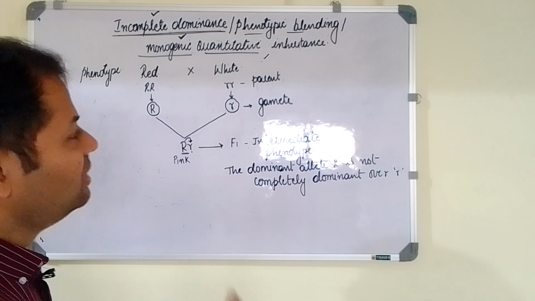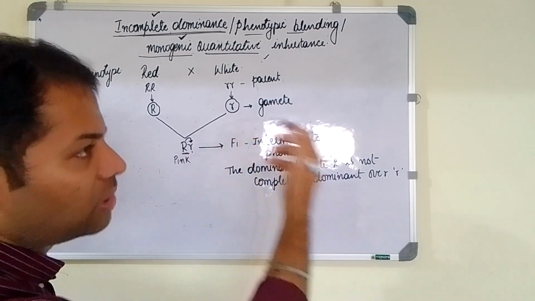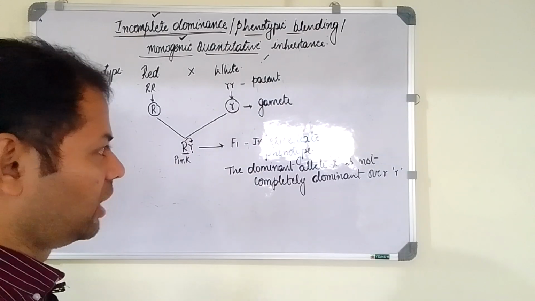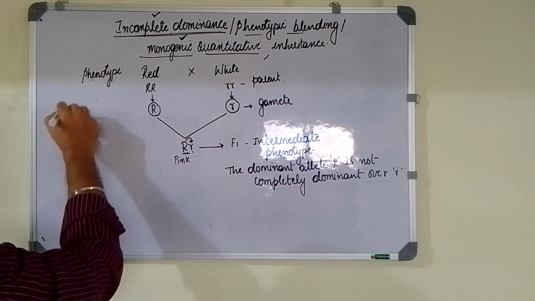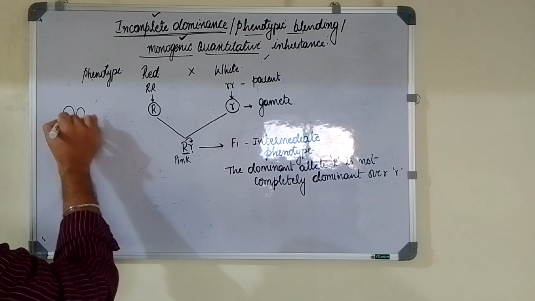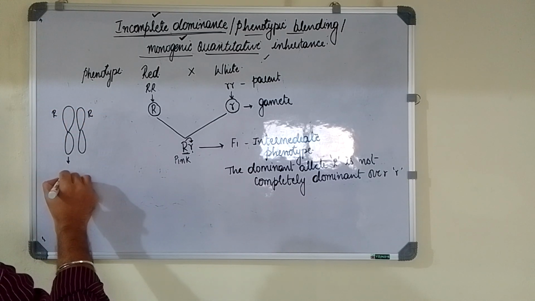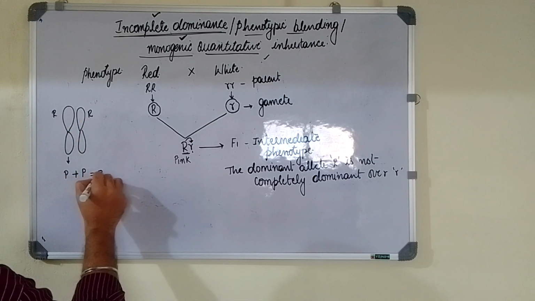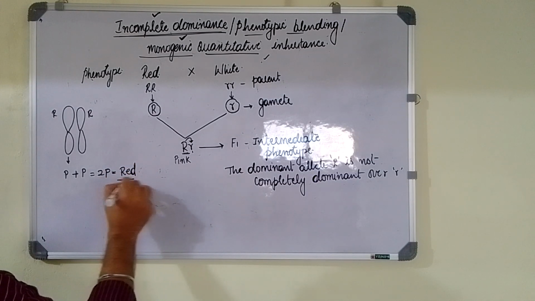Incomplete dominance is when the dominant allele is not completely dominant over the recessive allele. As a result, it is producing what? An intermediate phenotype. To understand it better, let us take two alleles, capital R and capital R, each producing some amount of pigment, and let us take this amount of pigment as giving red color.